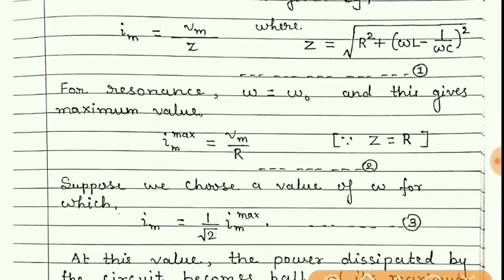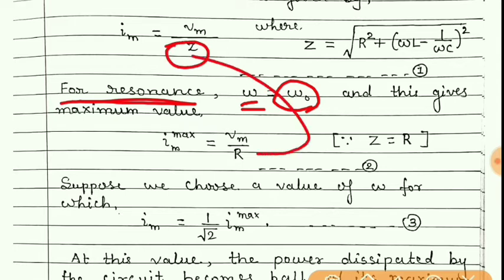Now students, when there is resonance, the frequency is equal to omega naught, that is the resonance frequency, and in that case Z will become R, because this term will equal 0.